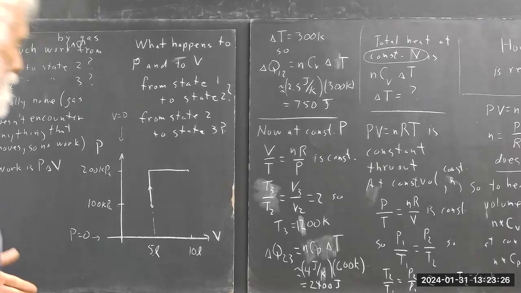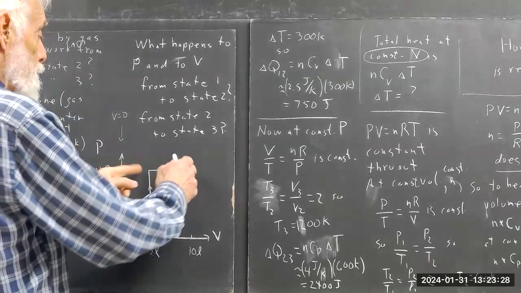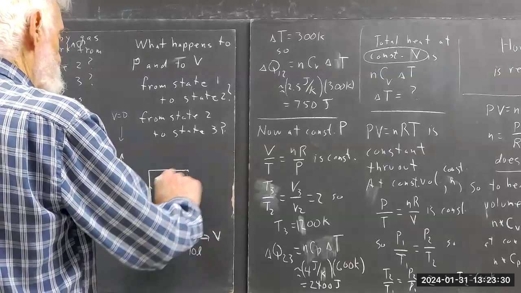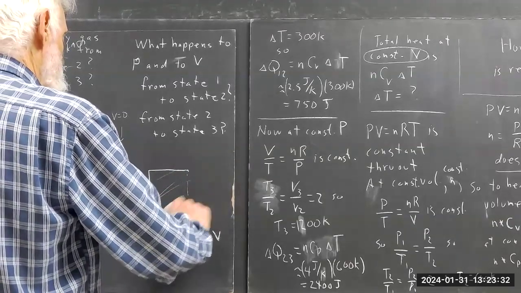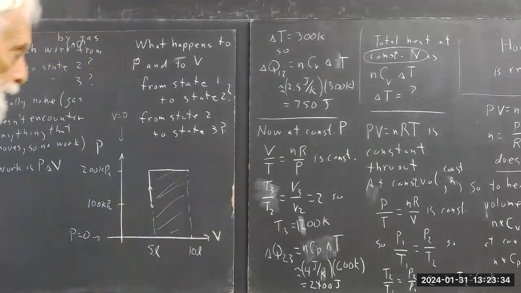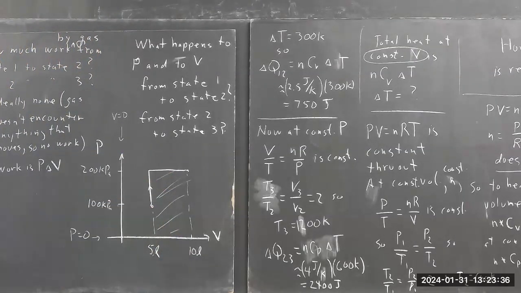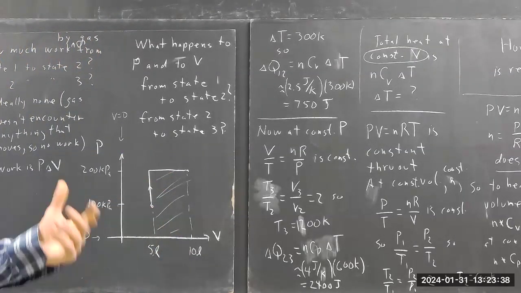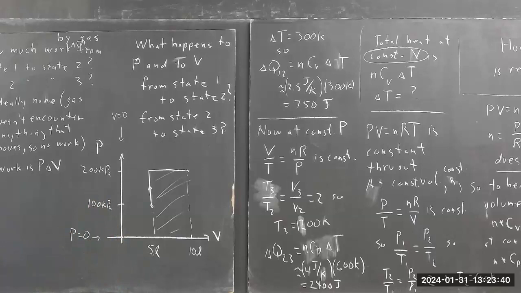This is the pressure, this is the volume. The area of this rectangle represents the product of pressure times change in volume.